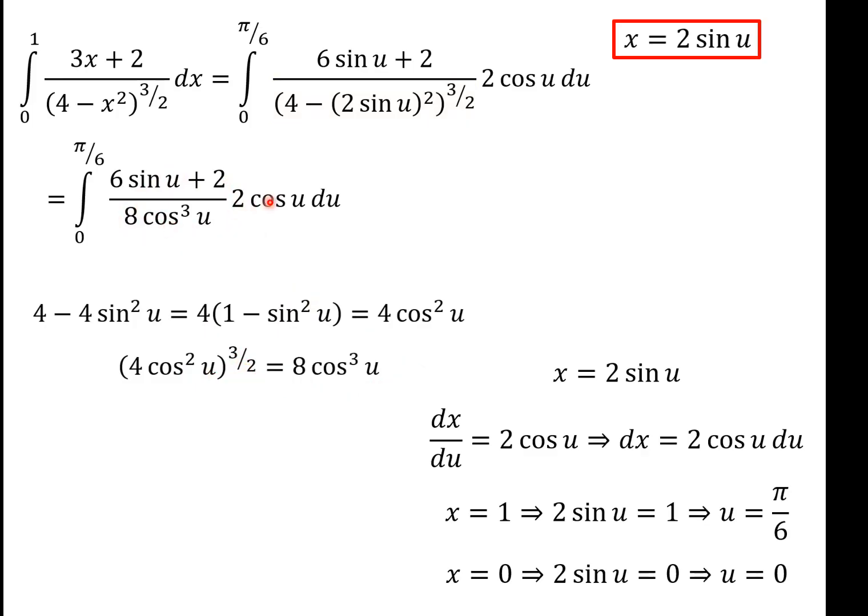I've got a cos cubed on the bottom and a cos on the top, so I can get rid of cos on the top and the bottom. Cancel out some of these numbers as well. I've got an 8 in the bottom, so I can divide the top and bottom by 2, and again, because these are both even, and I end up with just 3 sine u plus 1 over 2 cos squared u.